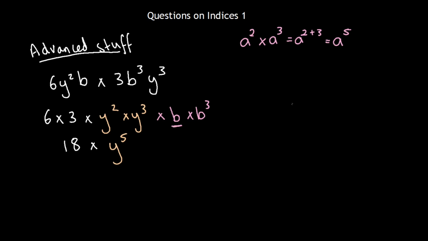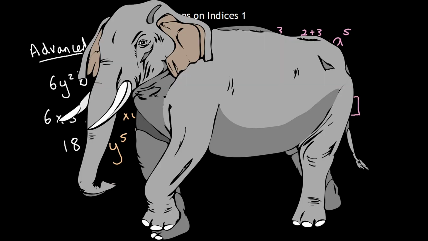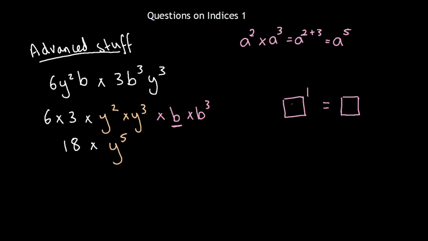Well, if you remember back in, I think it was the first video, we established that anything to the power of 1 is the number itself. So I think we looked at something like elephants or something. So if this was, say, 10 to the power of 1, this would be 10. If we had an elephant, E for elephant, to the power of 1, then this will be E. We just have an elephant.